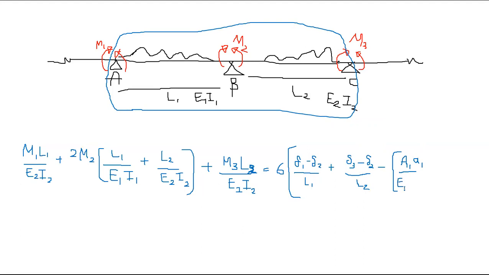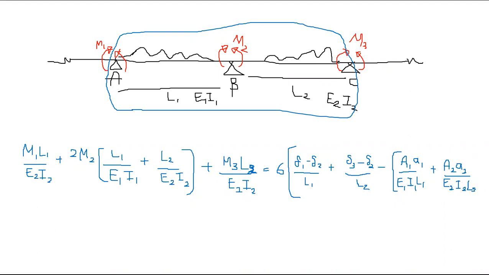A1 x̄1 over E1 I1 L1 plus A2 x̄2, simple A2 over E2 I2 L2, right?